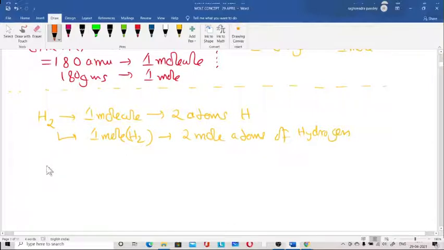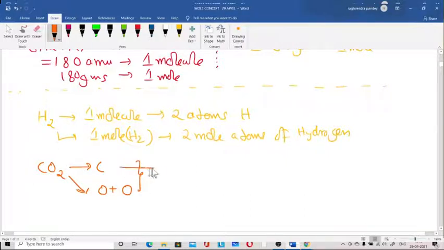Now if I take carbon dioxide, it contains carbon and oxygen. This is your O2, so I am writing O plus O to make it simpler.